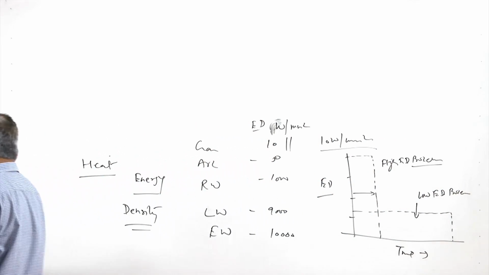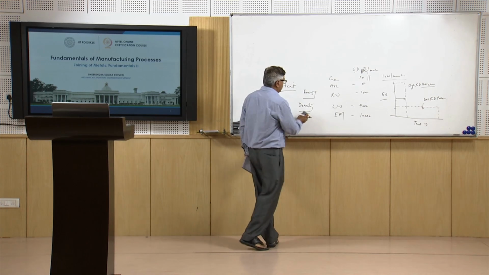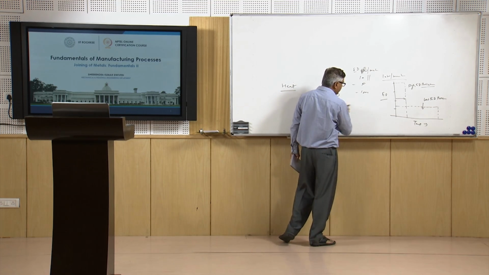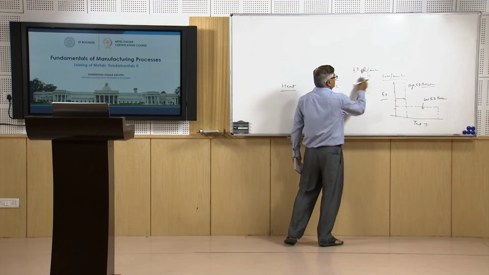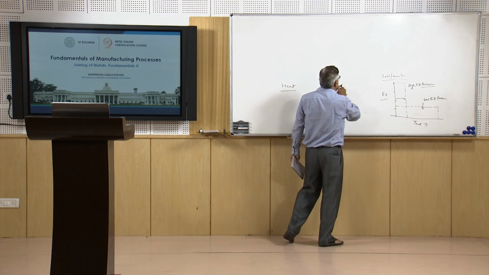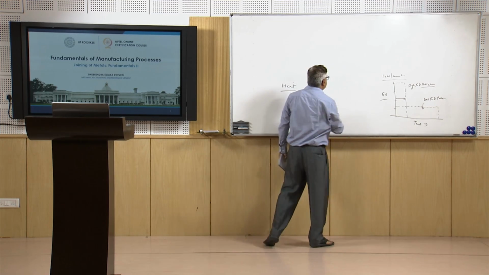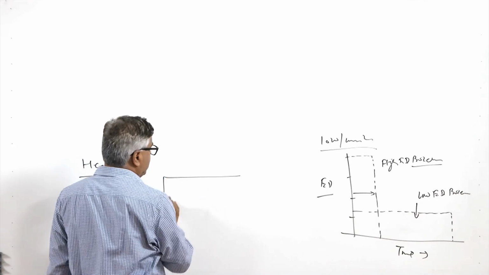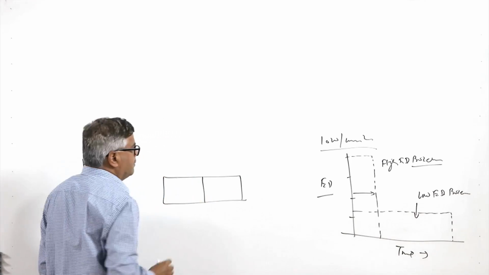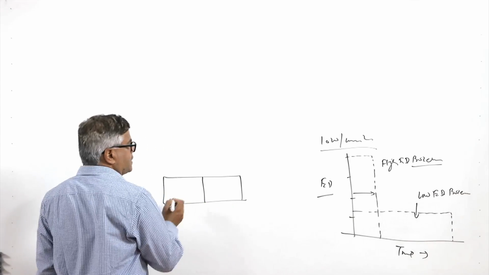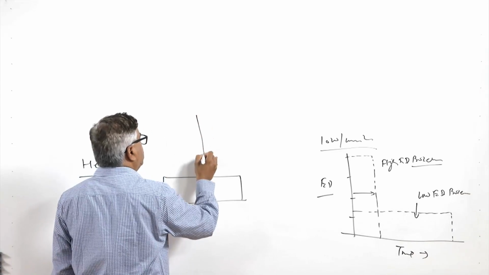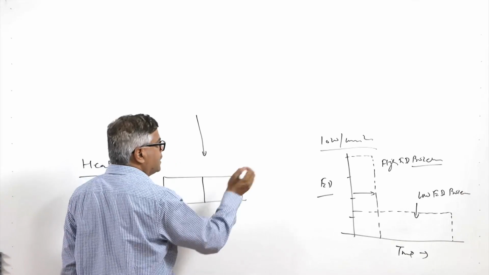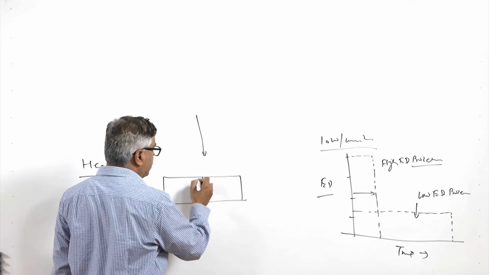From the fundamentals of heat transfer, we know that if the heat is delivered for a longer period, then a lot of heat will be transferred to the underlying base metal, and in that case it will require a larger amount of heat to ensure the melting as compared to when the heat is delivered for a shorter period. If these are the plates to be welded and the energy density is high, then to ensure the melting, the heat is to be delivered for a shorter period of time.